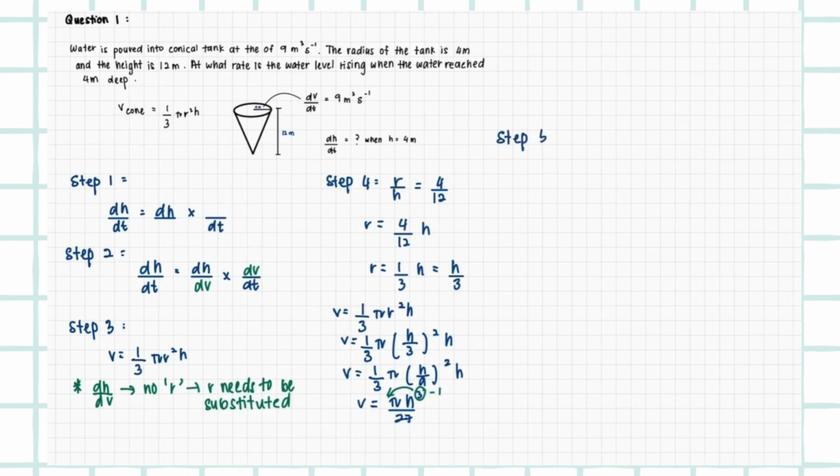Step 5. Differentiate V to get dV per dH. From dH per dt equals dH per dV multiplied by dV per dt.